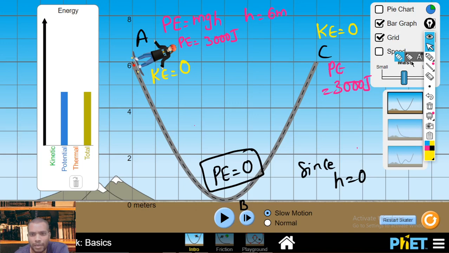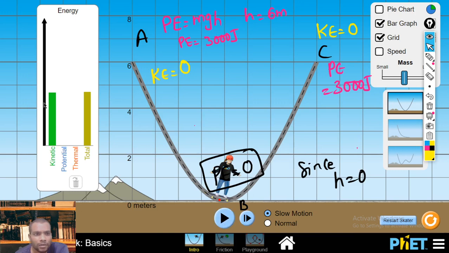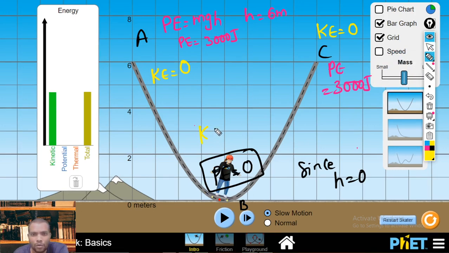But when I make him move, what is the kinetic energy at point B? Here you can see at point B his kinetic energy is maximum. It means he has only kinetic energy at point B, at the bottom of that U-shaped curve track.